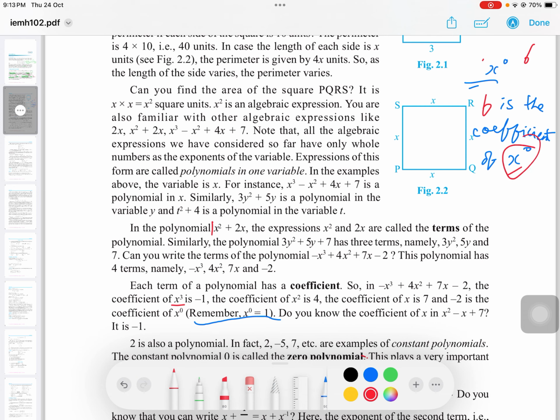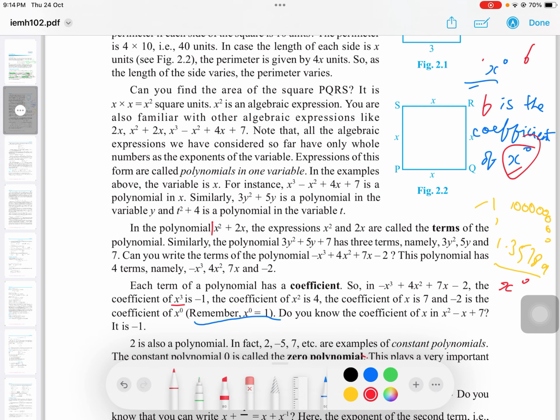So any constant you take, say -1 or 10 billion, whatever huge number, 1 googol, 1 septillion, 1 quadrillion, even a decimal, let's say 1.35789. What is the coefficient of this? You can close your eyes and say the coefficient of 1.35789, whatever decimal, is x power 0.